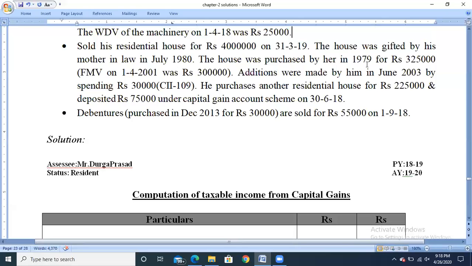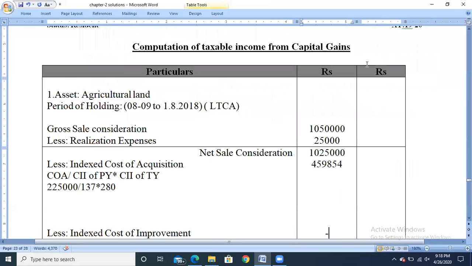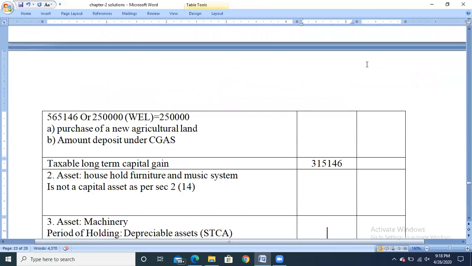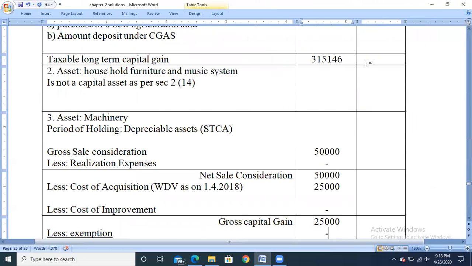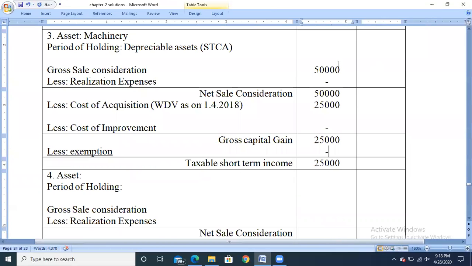So first take the asset. The asset is a residential house property. Now calculate the period of holding.